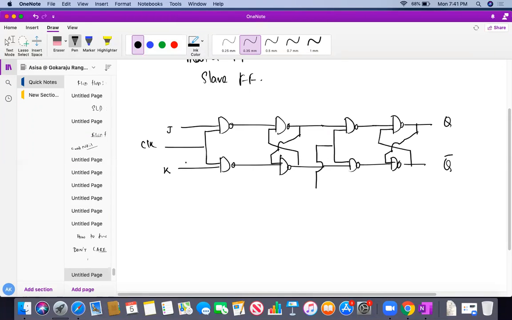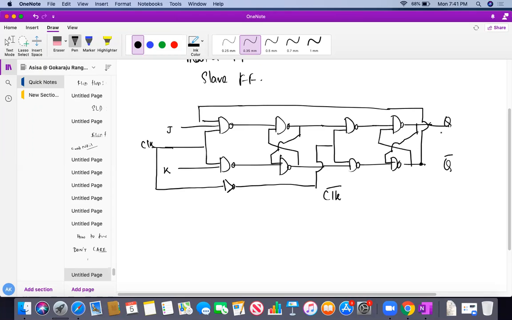Here this clock will be the opposite of the clock here. So it's a NOT gate here. If this is clock, this is my clock bar. And here another input will be coming from the Q bar.